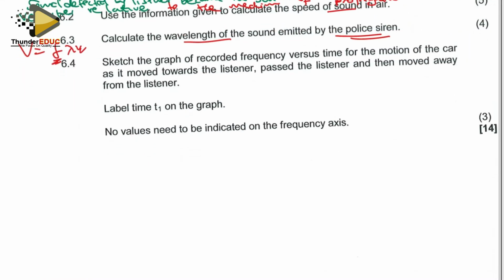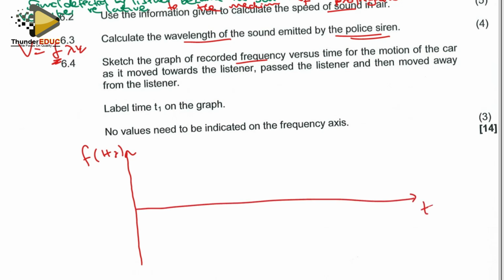And then 6.4, sketch a graph of the recorded frequency versus the time of the motion. Okay. This is frequency in hertz. Then this is going to be our time in seconds. One thing we know is that we need, as the car moves towards and passes the listener and moves away, label T1 as the time, no values are needed.